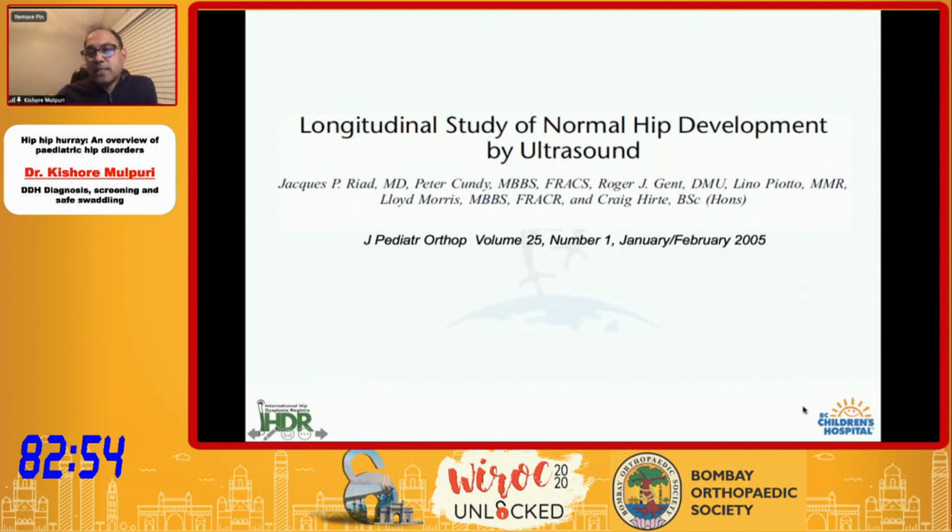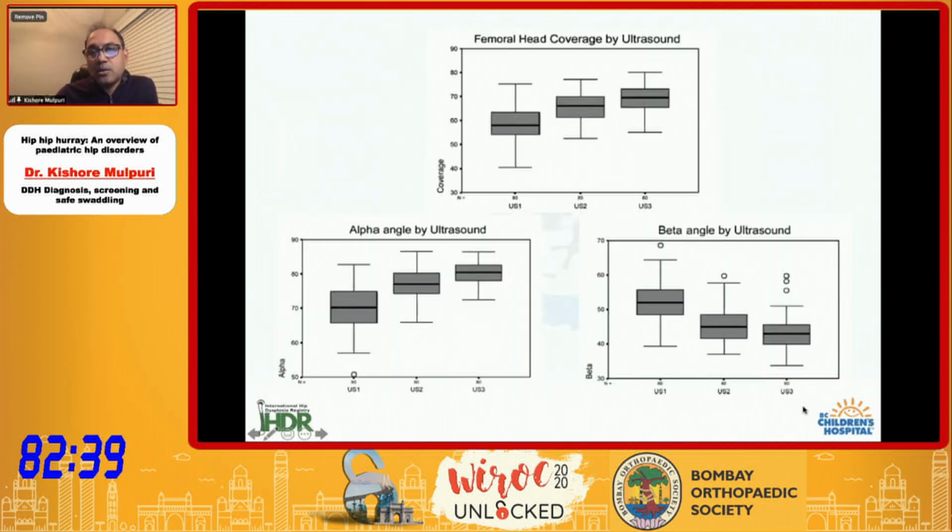It's important to understand when you actually do these ultrasounds, especially if you're looking at dysplasia. When is the right time to be looking and differentiating between apples and oranges? So this study done out of Adelaide, Australia by Jacques Riyad and Peter Cundy showed that a lot of these hips, if you actually screen them early, are immature.